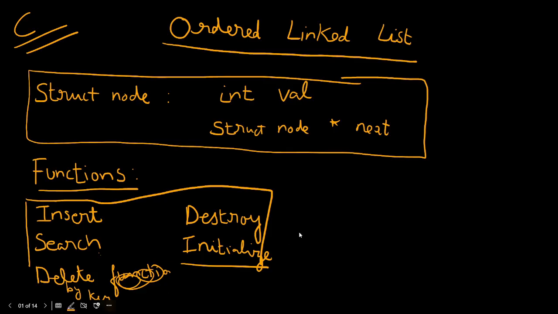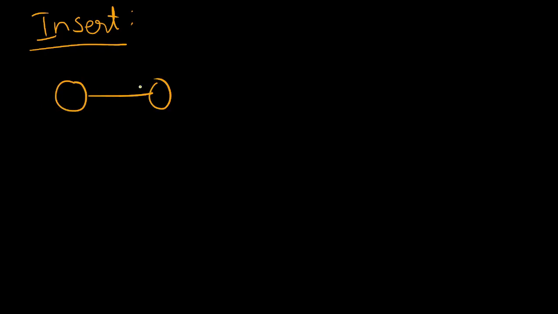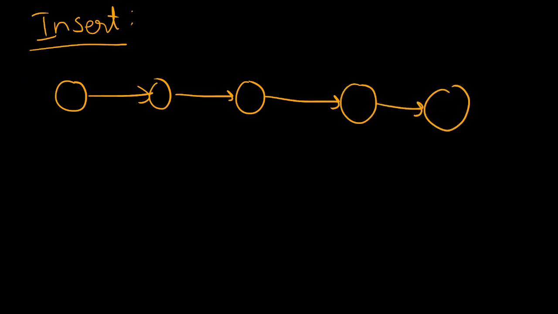Now let us talk about the logic for the insert function first. Let us take a random list, in the case of an ordered list: 5, 23, 30, 69.